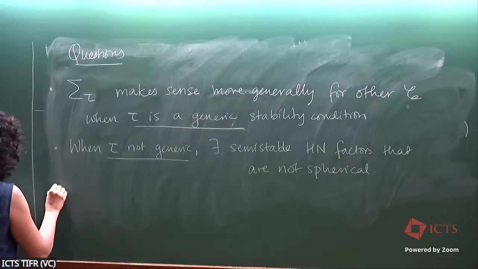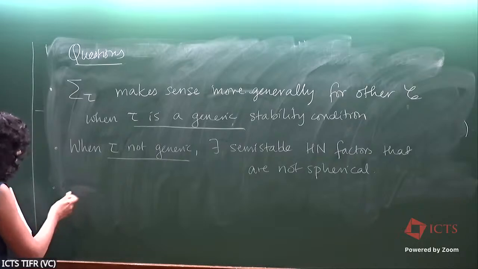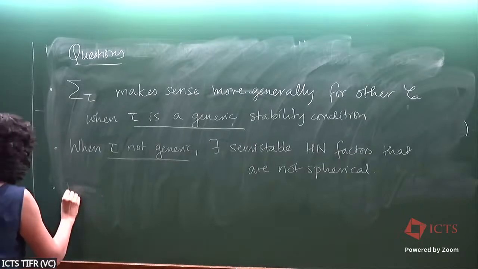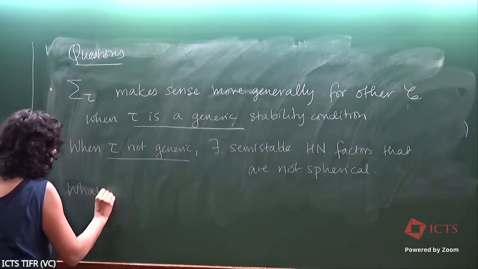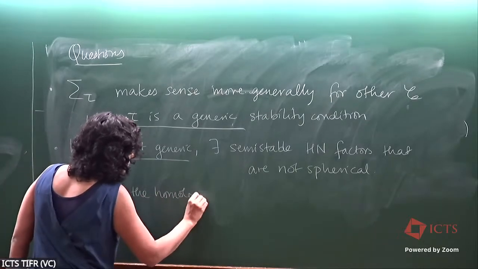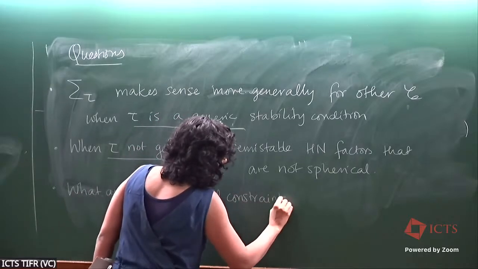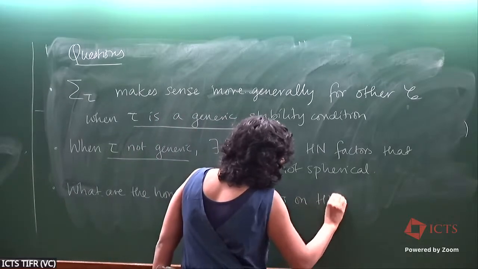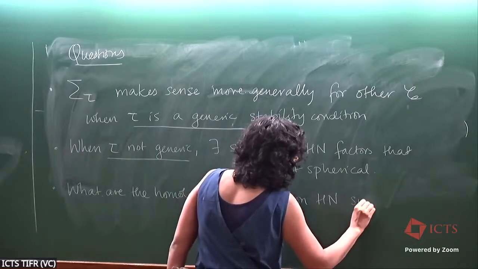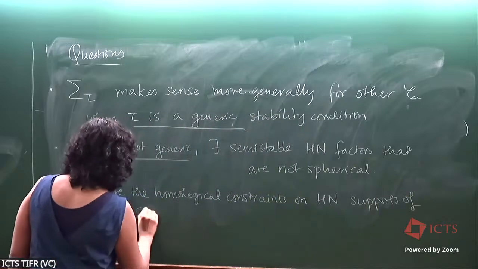And then the other general question is, what are the homological constraints on Harder-Narasimhan supports, let's say, of spherical objects in general?